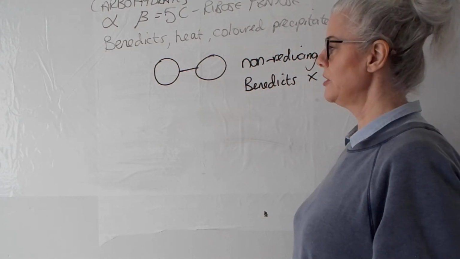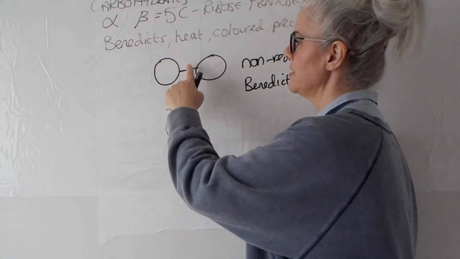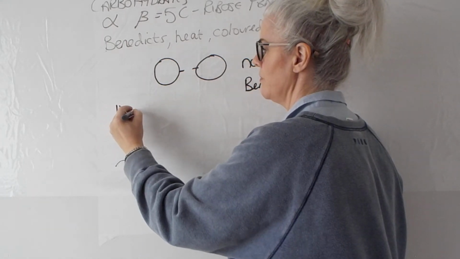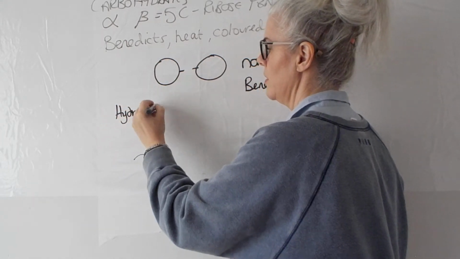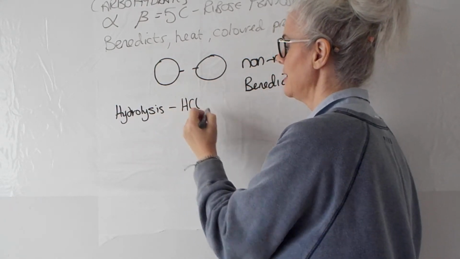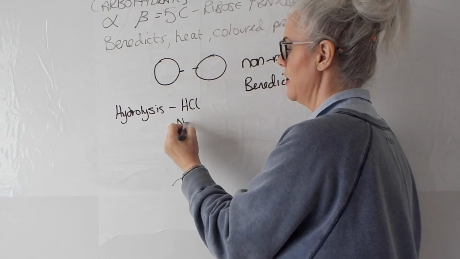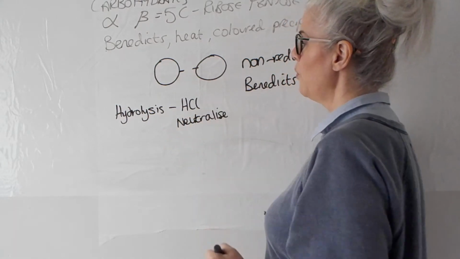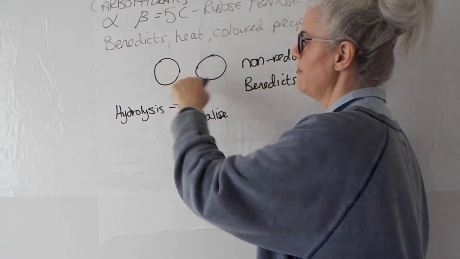Now, what you can do is hydrolyse it. If you hydrolyse it, you break that bond. So hydrolysis, you can use an enzyme, but you can heat it with hydrochloric acid, then you neutralise it, and what that does is it breaks that bond. Okay?